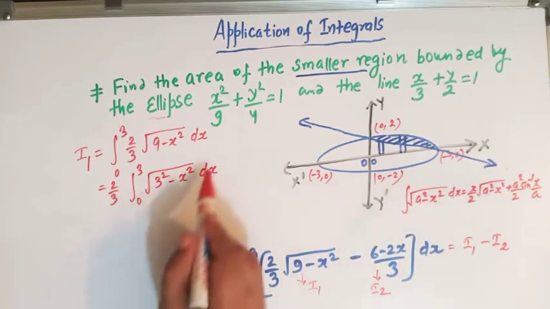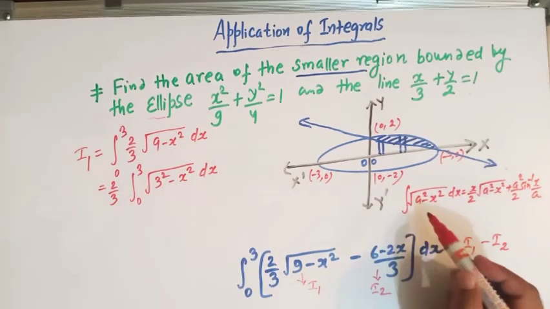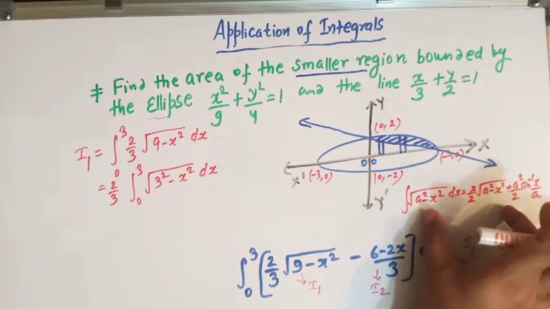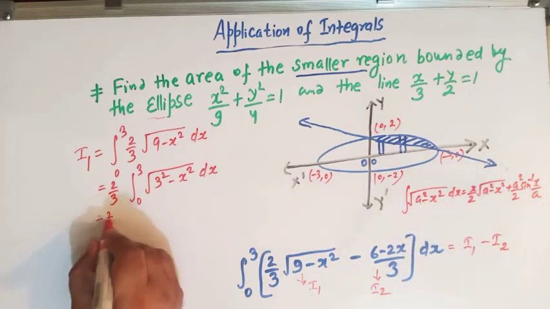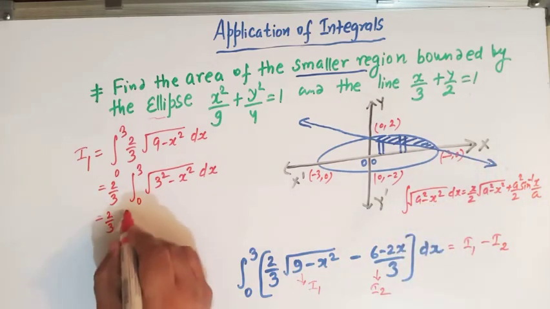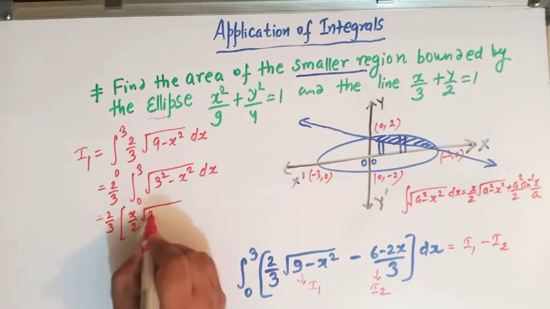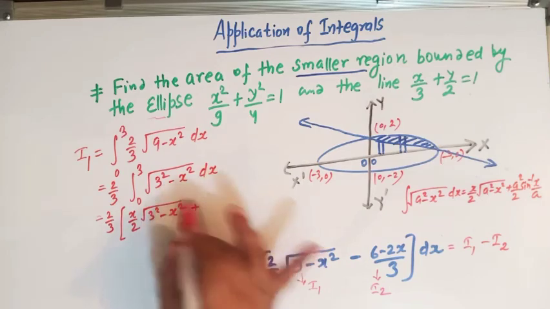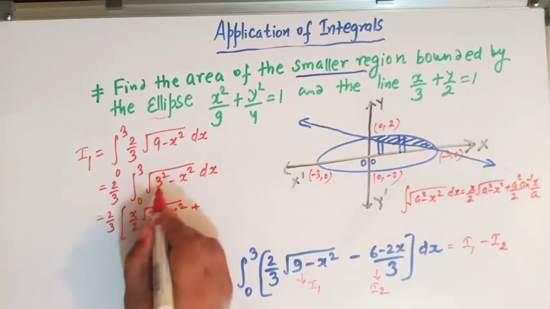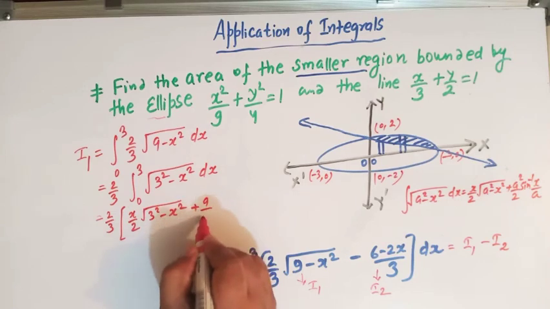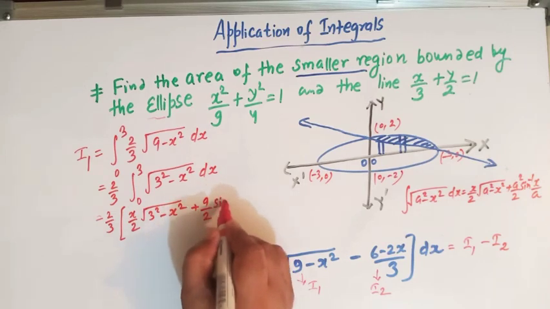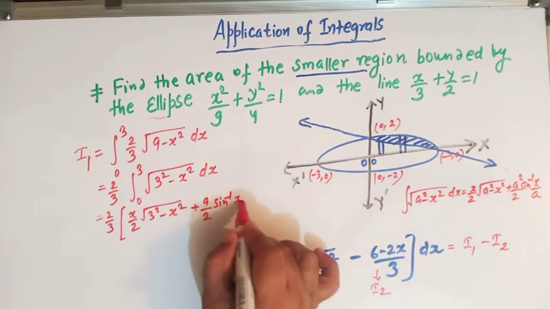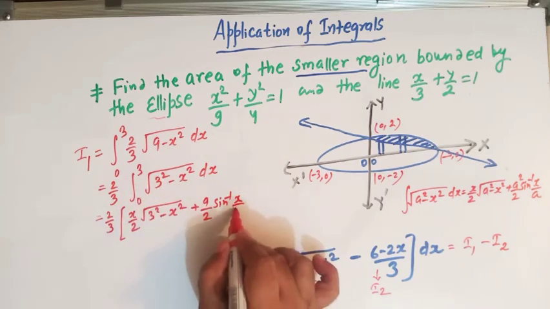Now to calculate this integral we will make use of this formula. So we have 2 by 3, and then we have x by 2 square root of 3 square minus x square plus a square by 2 sine inverse x by a. For a square we have 3 square, that is 9 by 2 sine inverse x by 3, right?